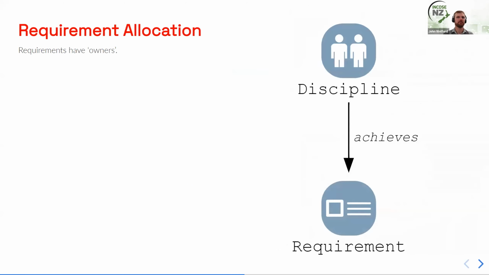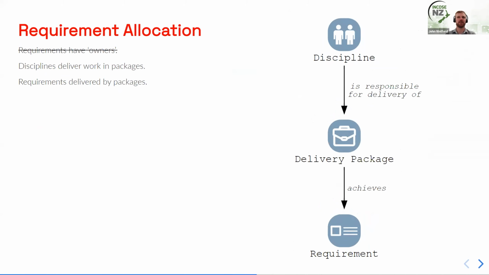The next area I wanted to talk about is requirement allocation. And often people talk about requirements having owners, and what people mean by the ownership of a requirement tends to vary. I prefer to think of them as being delivered by someone.